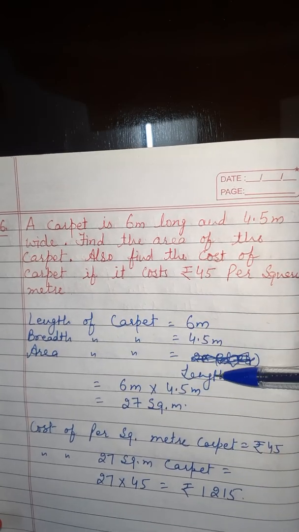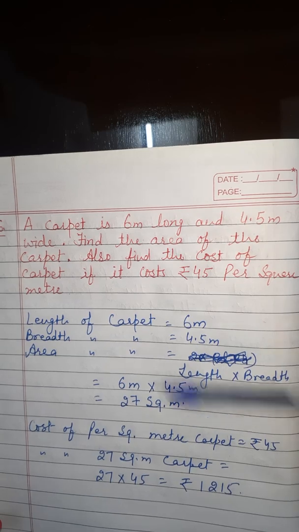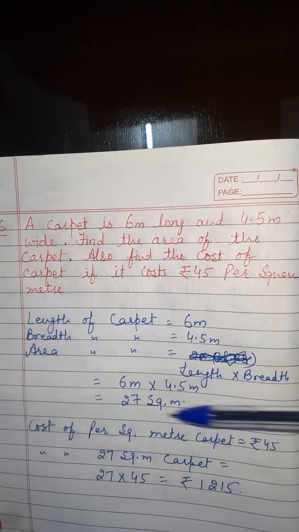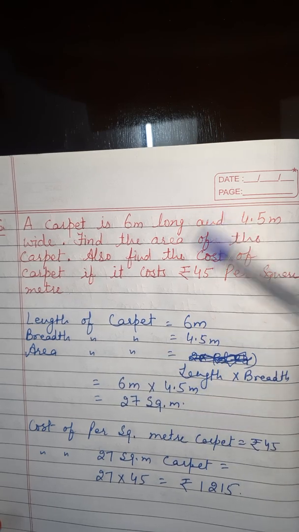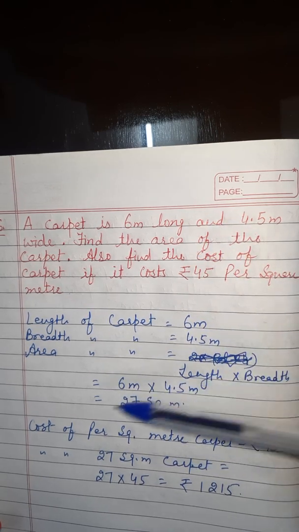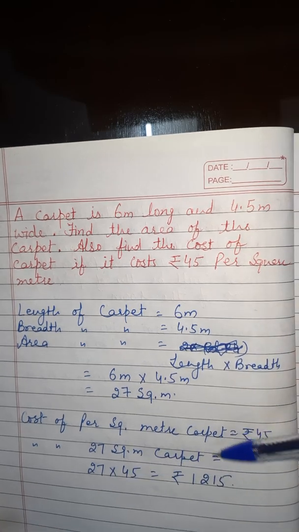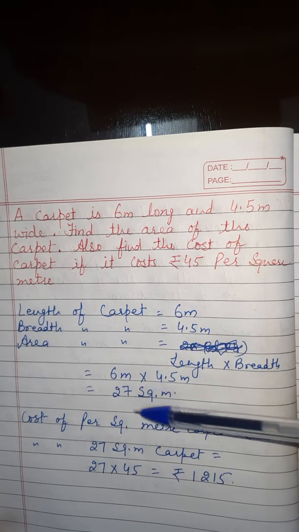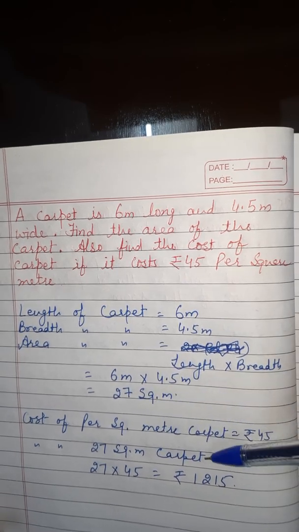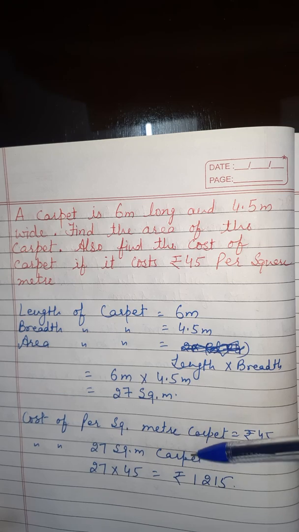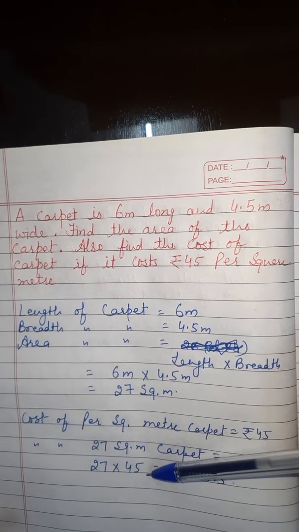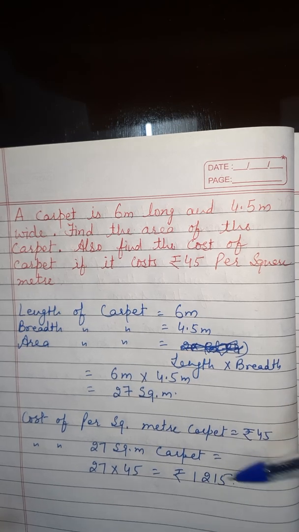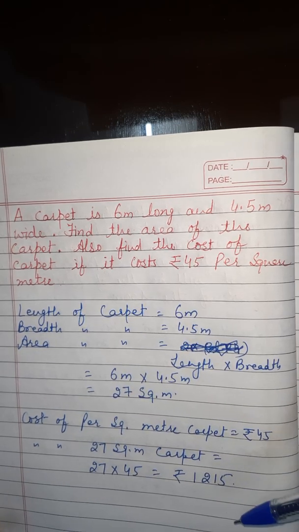So area is equal to length multiplied by breadth, and by calculating this we get 27 square meter area of the carpet. Now we will find the cost of the carpet. Here the cost of carpet per square meter is given, rupees 45, and we have to find the cost of 27 square meter carpet. So the cost will be 27 multiplied by 45, that is equal to rupees 1250. So this will be the cost of the carpet.